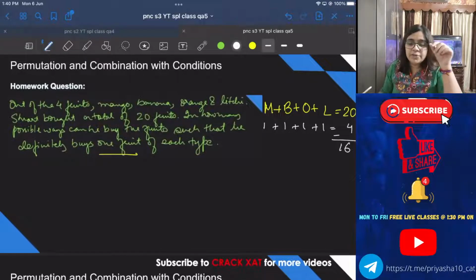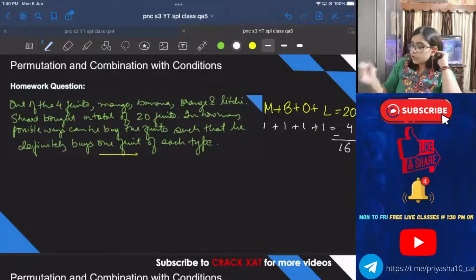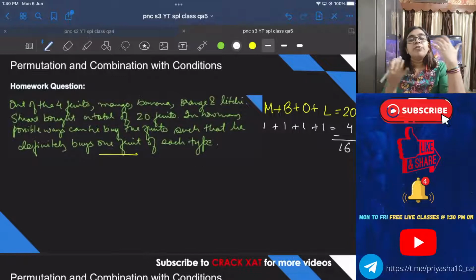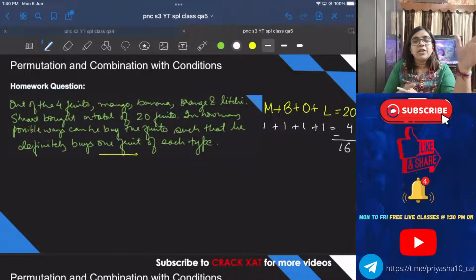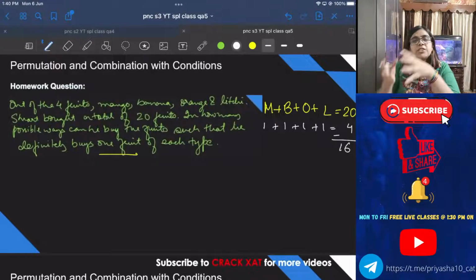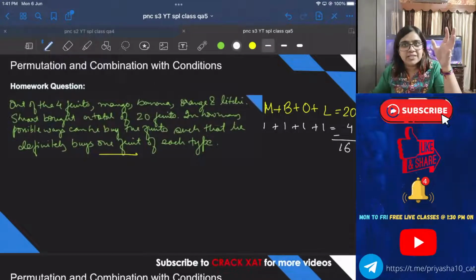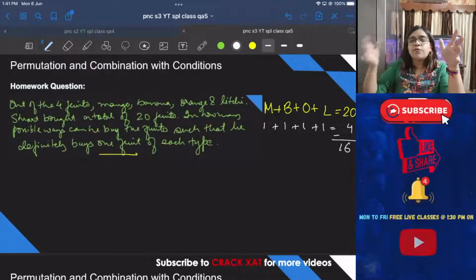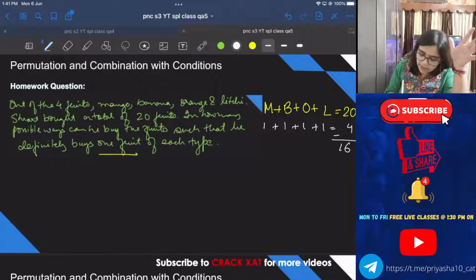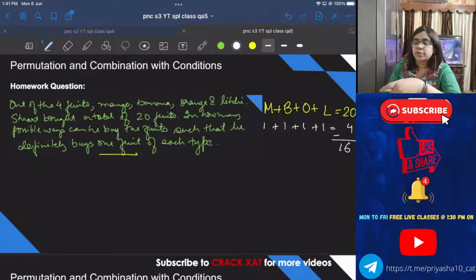So we will be distributing 16 fruits in 4 different categories. Can we apply our zeros principle here?